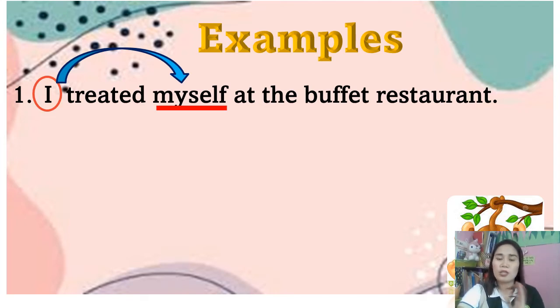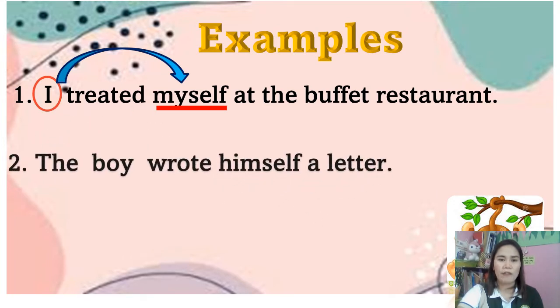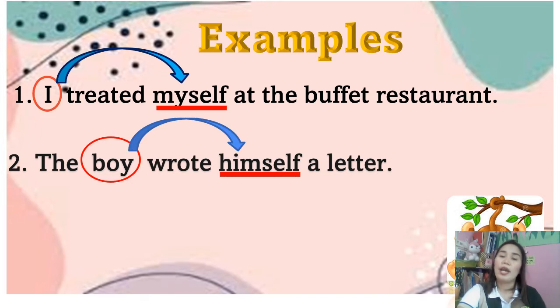That's why it is a reflexive pronoun. Next we have, the boy wrote himself a letter. The subject is boy, himself is our reflexive pronoun and wrote is our verb. Himself and boy are the same person.